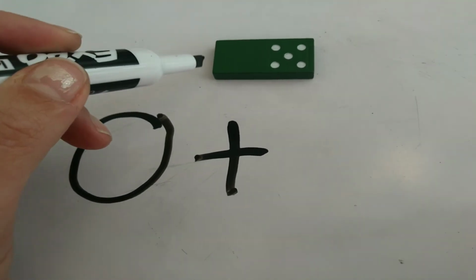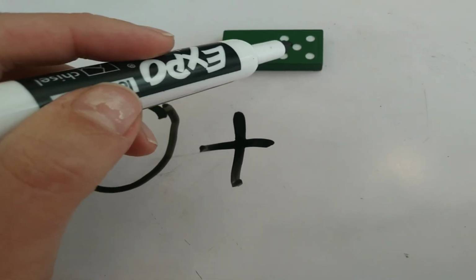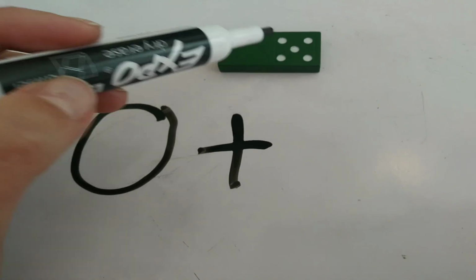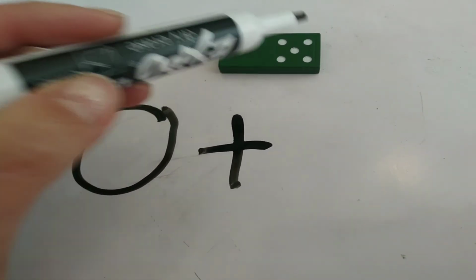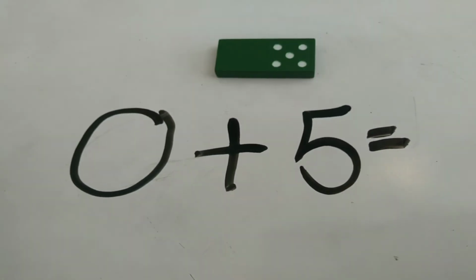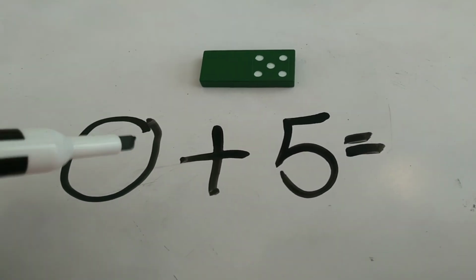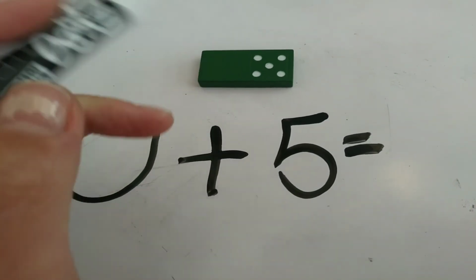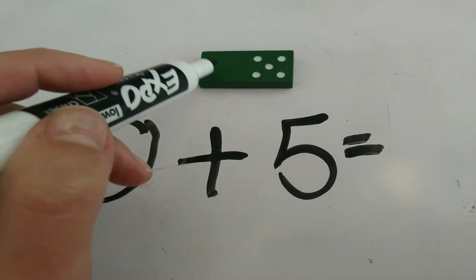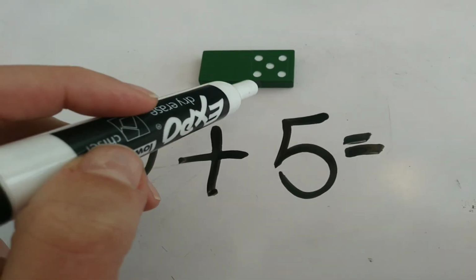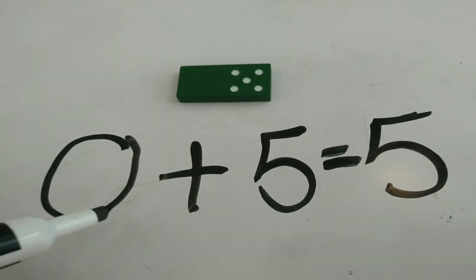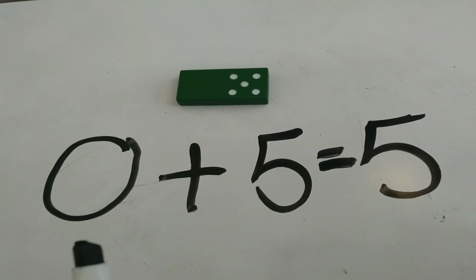Very good, 0. Now, how many dots are on this side? 1, 2, 3, 4, 5. Okay, now, what is 0 plus 5 equal? Count up all of the dots. There's nothing there, right? So we don't have to worry about that. 1, 2, 3, 4, 5. So 0 plus 5 equals 5.